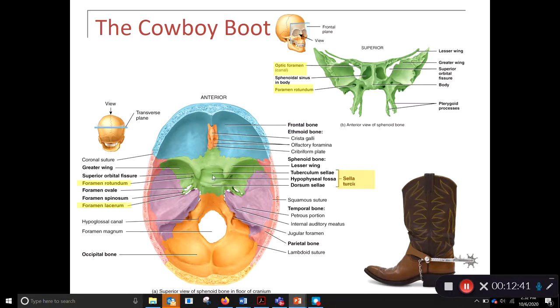You sat down, you put your hands into the optic foramen here, and you're sticking your boots into the round portion, the stirrup, which has a little round opening for you. So you put your foot in the rotundum, and since you have these ugly little spurs on them, you're lacerating the poor thing that you're on. So you have the lacerum going on right here. So the foramen lacerum: your feet are wiggly, and your spurs are lacerating.